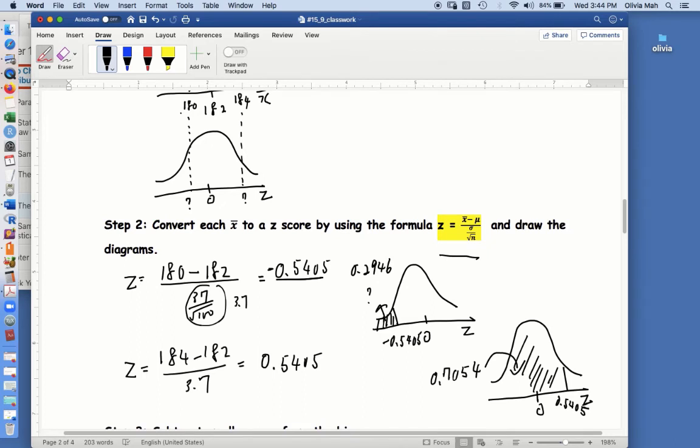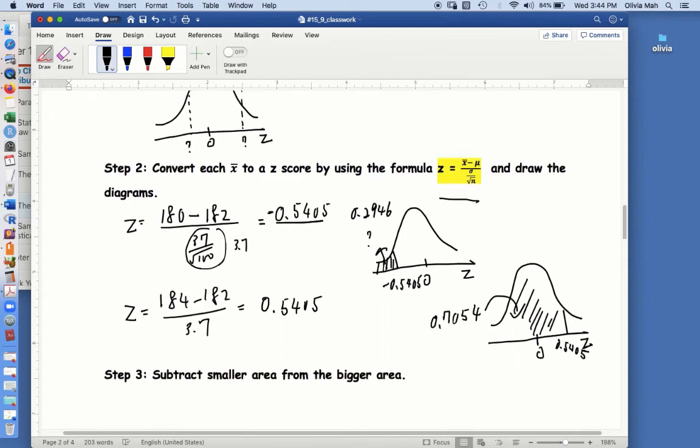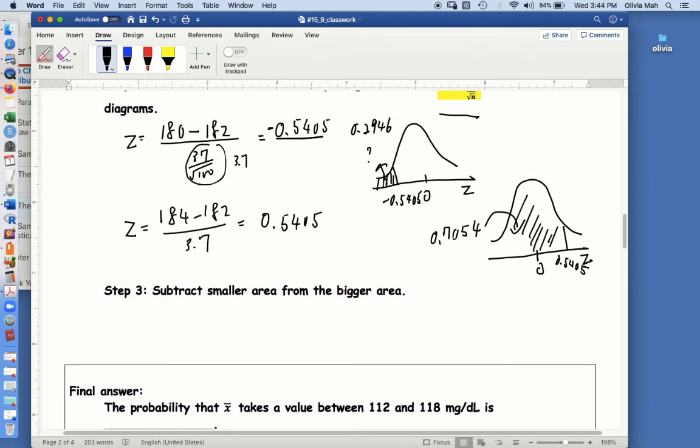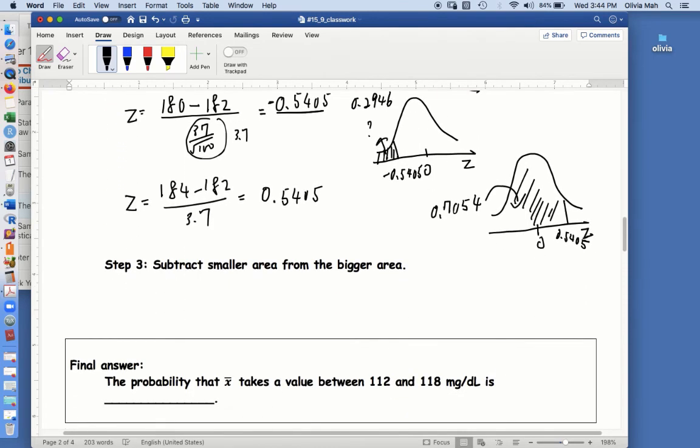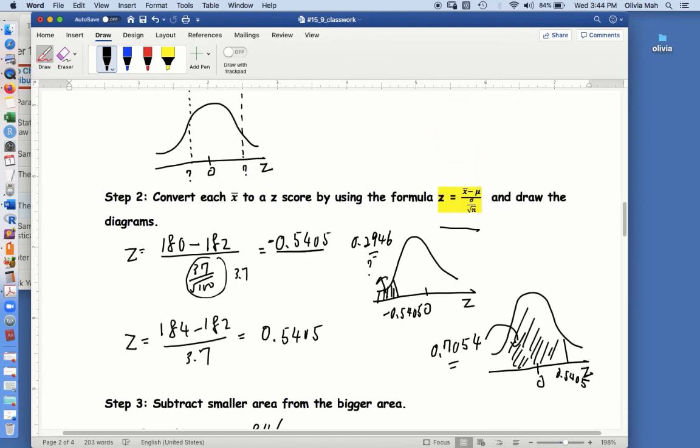Okay, the activities that we did in step 2 were very similar to those that we would do in chapter 3. Now that you have two areas, one bigger than the other, to find the middle area, you have the bigger area subtract the smaller area. So we will have 0.7054 subtract 0.2946. This is a bigger area. You subtract, so imagine this big area, you chop off the tail, then it gives you back the middle area.